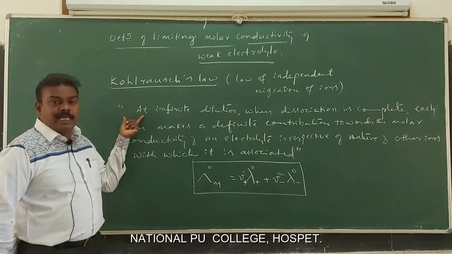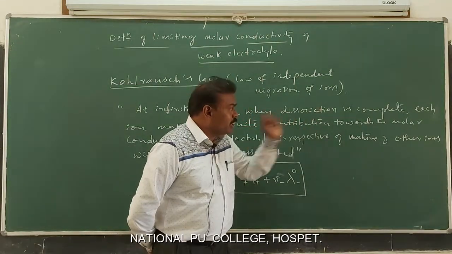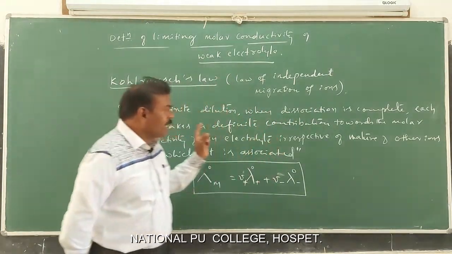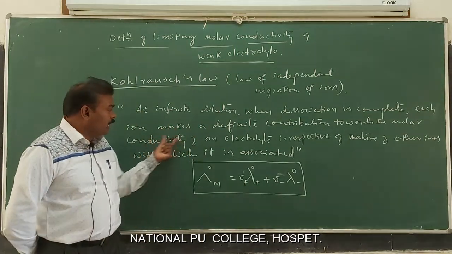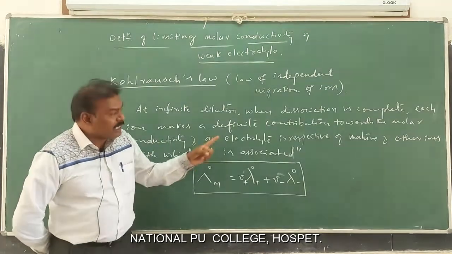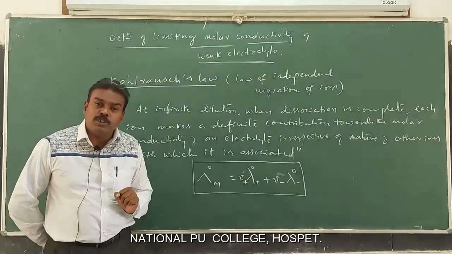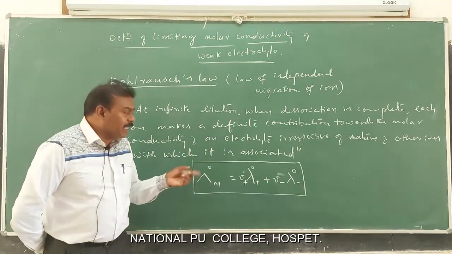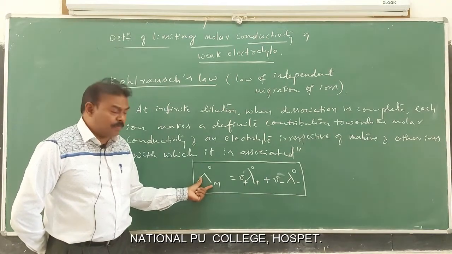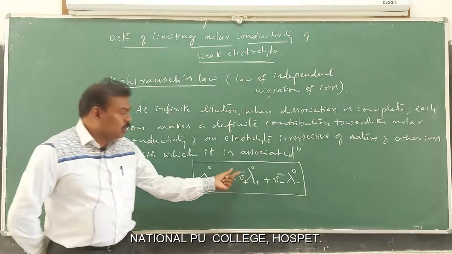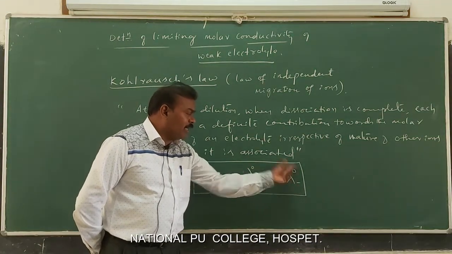The statement is like this: at infinite dilution, when dissociation is complete, each ion makes a definite contribution towards the molar conductivity of an electrolyte, irrespective of the nature of other ions with which it is associated. Mathematically, the limiting molar conductivity of a weak electrolyte is equal to nu plus into lambda plus naught plus nu minus into lambda minus naught.